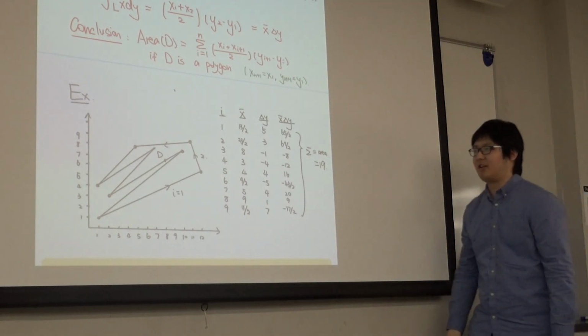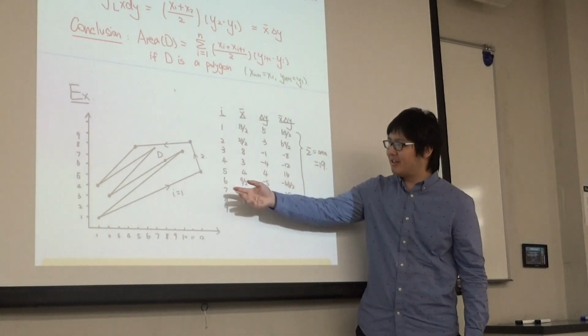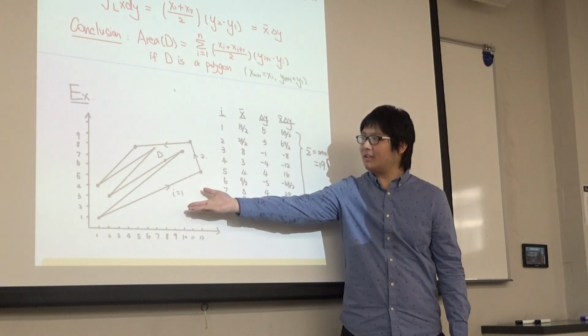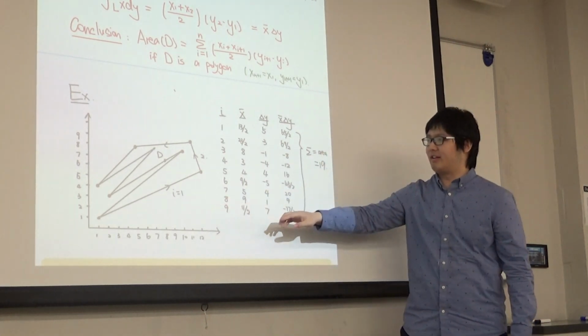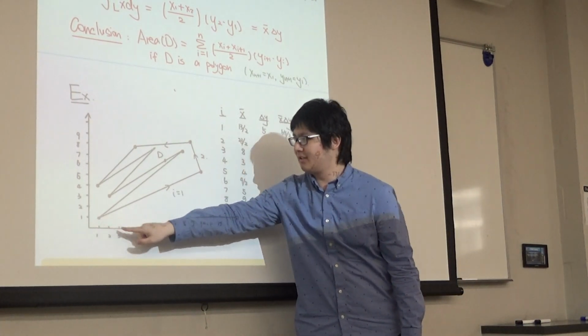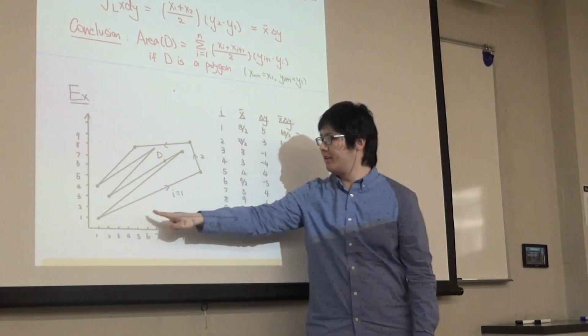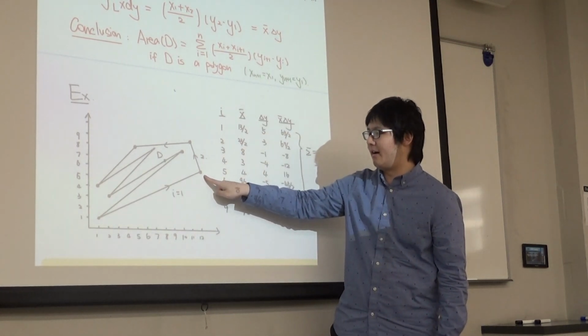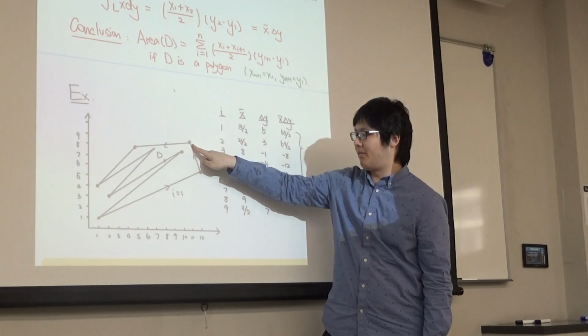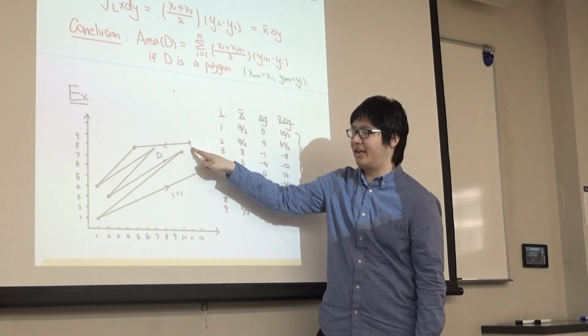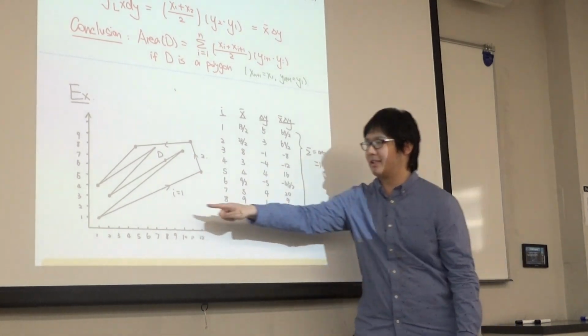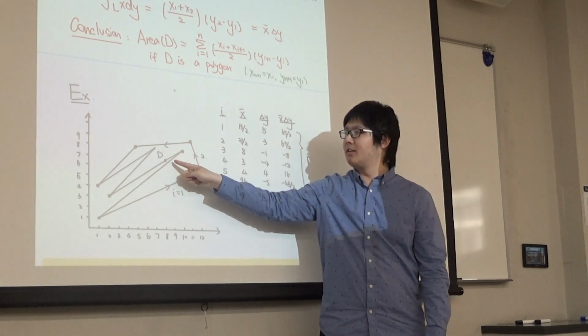So we have this very irregular polygon here, and we have those coordinates. This is (1, 1). This is (12, 5). And this is (11, 8), and so on. So we have the coordinates of these vertices.